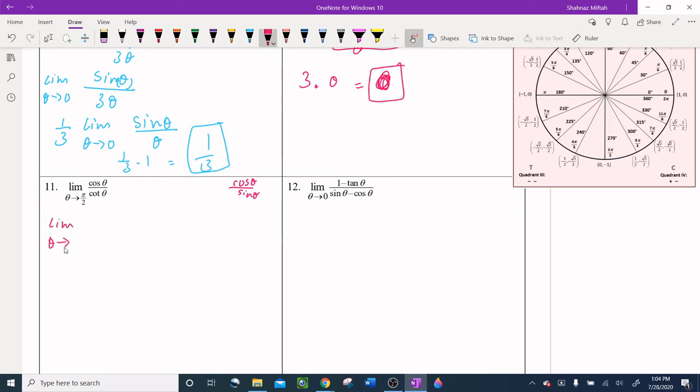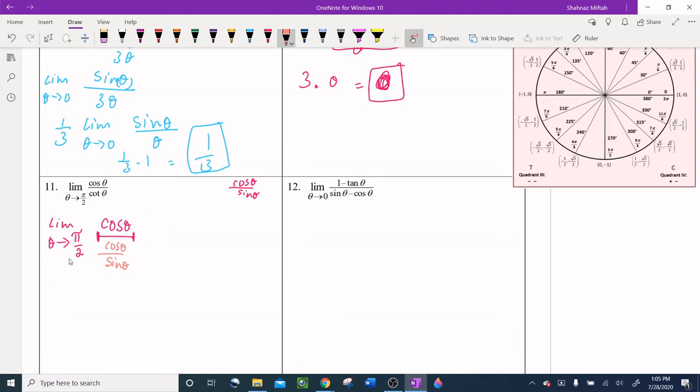Limit as theta approaches pi over 2. Cosine theta is going to stay, and this is my original fraction. Cotangent, I'm going to write in a different color. The cotangent identity is cosine theta over sine theta, right? I'm going to rewrite this one more time because I have 2 fractions.